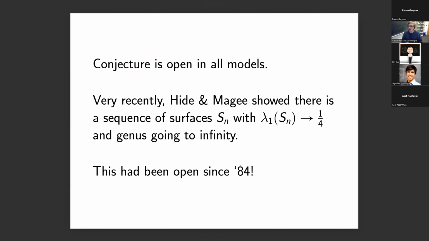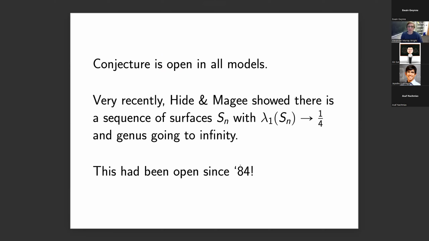Okay, so this conjecture, you can formulate it in any of the models. It's open in all of the models. And in fact, until very recently, again, since my work with Mike Lipnowski came out, nobody even knew how to make any high genus surfaces with lambda 1 almost a quarter.